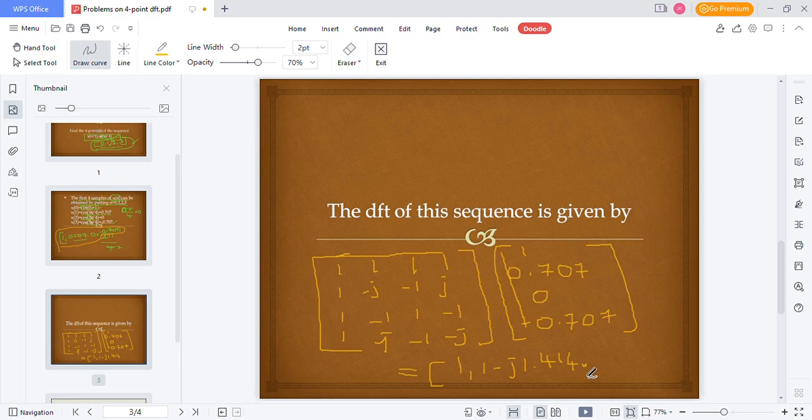So this is 1 and 1, and this is 1 plus j, this is 1 plus j, and here for the fourth, it is 1.414. Just a minute. Yeah.